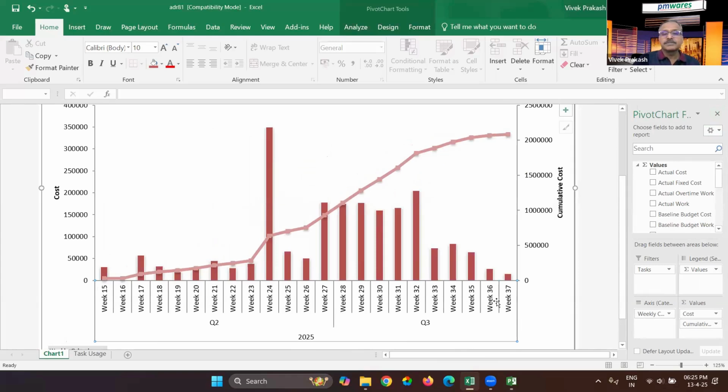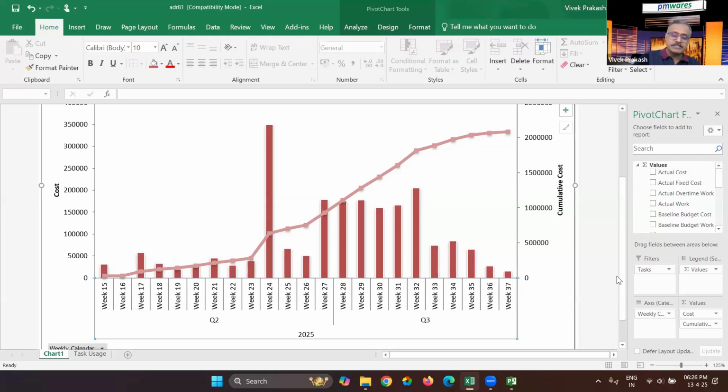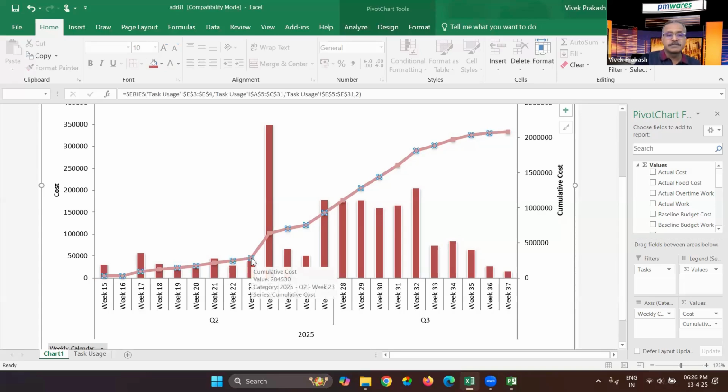Week 37, and this is the cost in an individual week, and this is cumulative. The line graph is cumulative. Cumulative means as you progress, it gets accumulated, it gets added. So for week 23, this is the sum of all these bars. That cost is 2,84,530, the cost until week number 23.